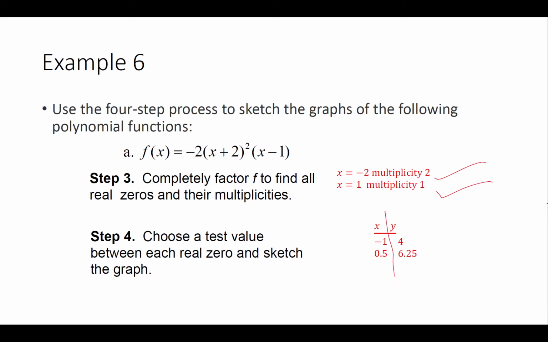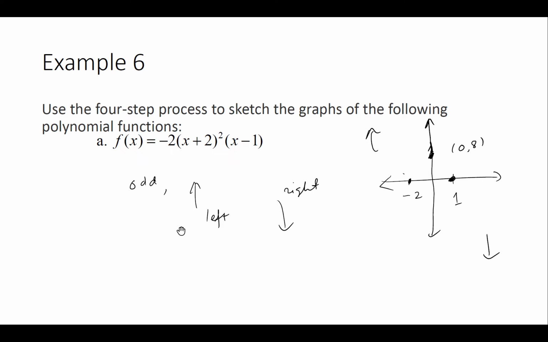Okay, and now what happens is if I use all this information, I already know that the end behavior has to be up to the left and down to the right, and these are the x-intercepts, and then this is the y-intercept. And I also know that at -2 the graph has even multiplicity. Even multiplicity means, because it's coming from up, that it has to be like this, and at +1, because it's already positive here, it has to go from top to bottom.